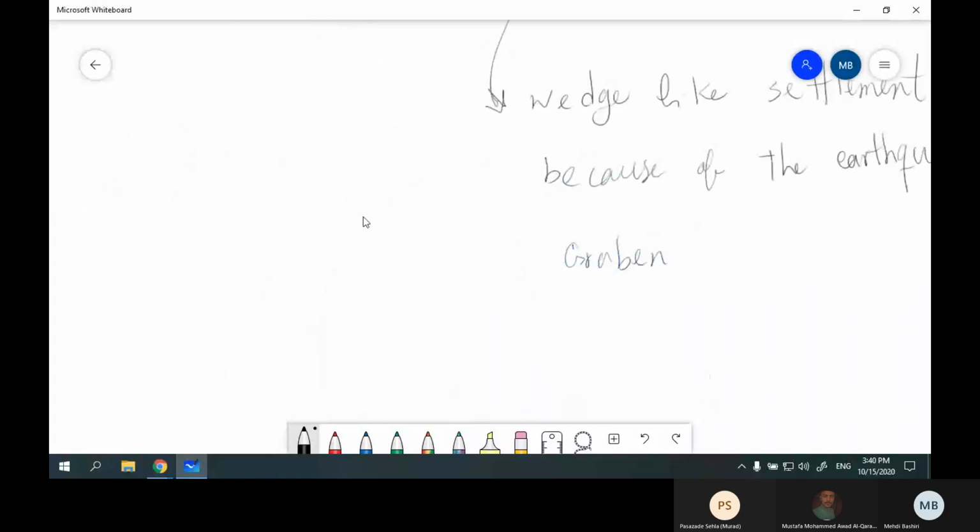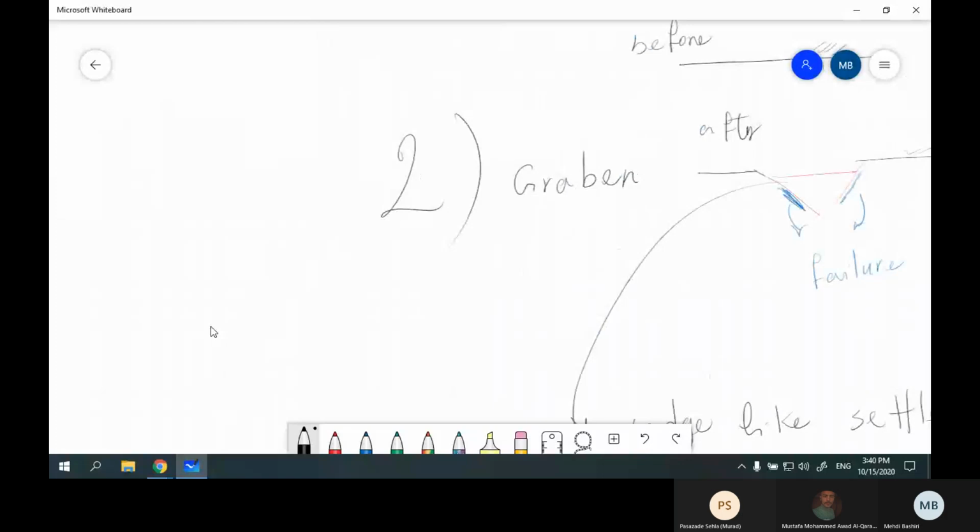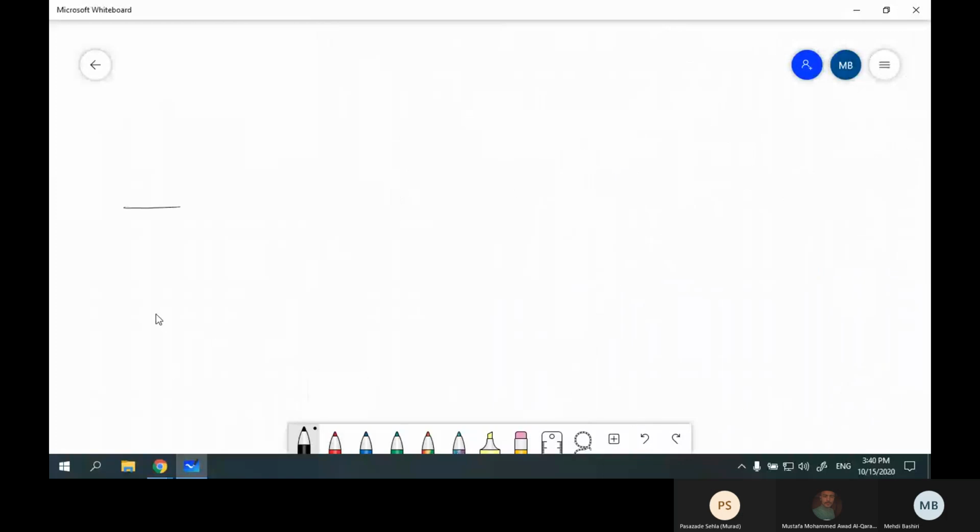So what's going to happen after? Let me write again. For example, this is the ground, and this is the settlement. What's going to happen after this event?